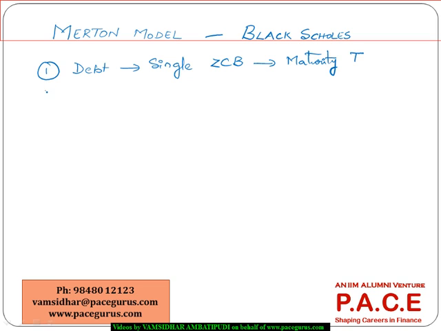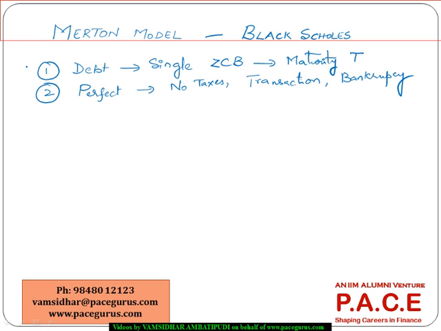That is one assumption that we have made. We have also assumed that the financial markets are perfect, meaning no taxes, no transaction costs, or even bankruptcy costs, so no other costs involved. And we are talking about a non-dividend paying stock.